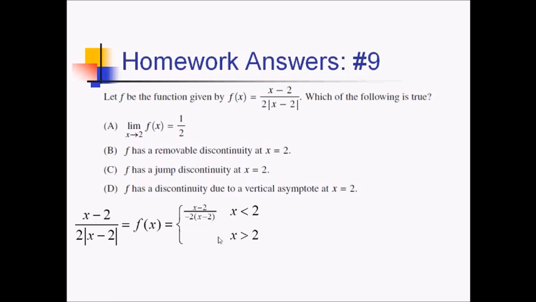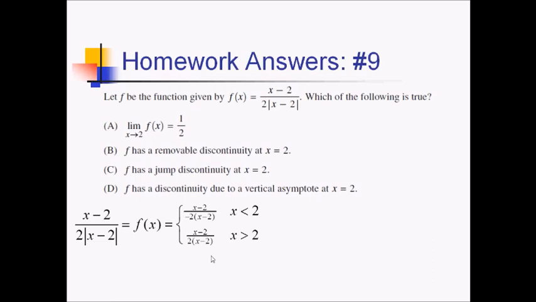For my other rule now, x greater than 2, well, when you plug in x values bigger than 2, that makes all the stuff inside here positive. So in that case, absolute value really doesn't have anything worthwhile to do, and we're just going to replace it with parentheses. So this will be (x minus 2) over 2 times (x minus 2), no negative out in front. So this simulates absolute value.